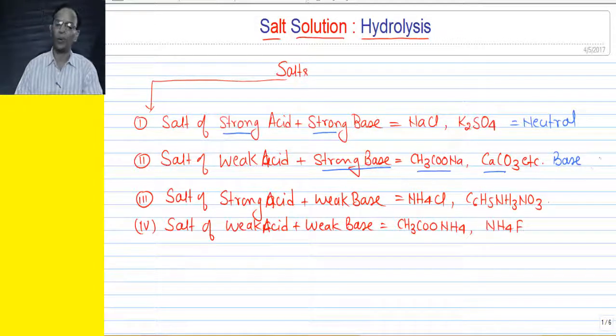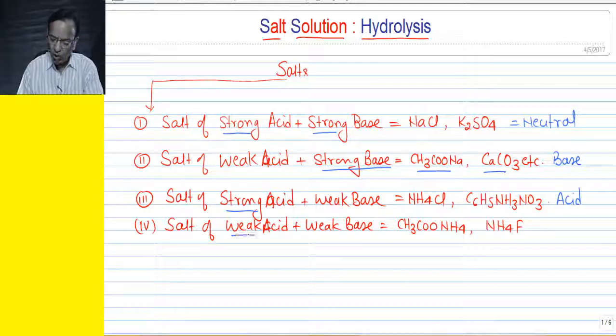So the stronger component governs the nature of solution. Salt of a strong acid and weak base: now acid is strong, so salt is acidic and therefore the solution of salt will be acidic with pH less than 7.